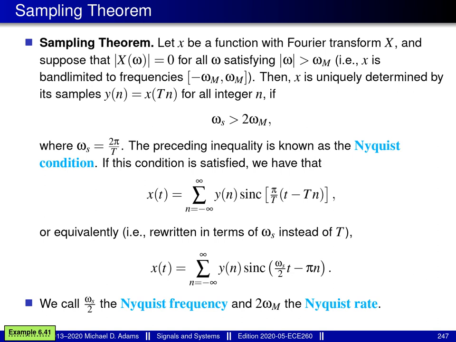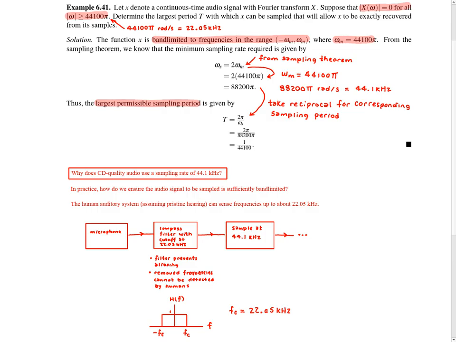At this point, I'd like to consider an example that makes use of the sampling theorem, and in particular, I'd like to consider example 6.41. In this example, we're given a function little x that corresponds to an audio signal with the Fourier transform big X. And we're told that little x is band limited to frequencies in the range plus and minus 44,100 pi.